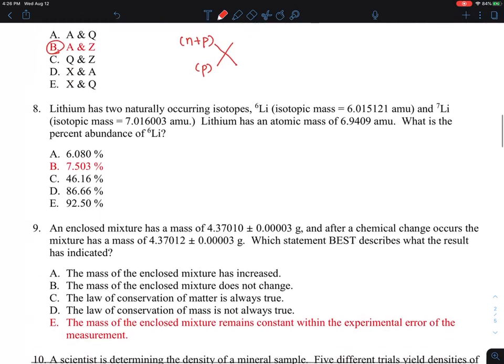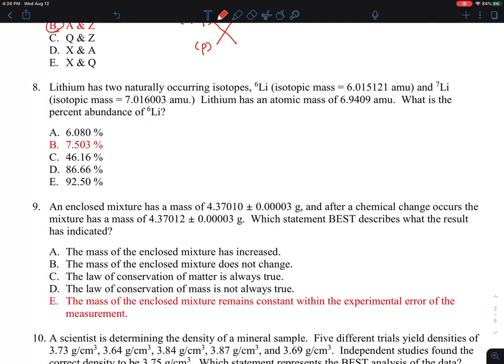Okay, so number 8 is actually about the natural abundance of the atoms. If you're looking at the periodic table, the mass is given as an average quantity. Lithium, which is atomic number 3, has an atomic mass in AMU, which is atomic mass units.